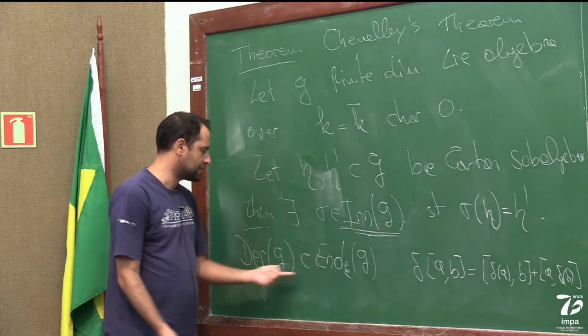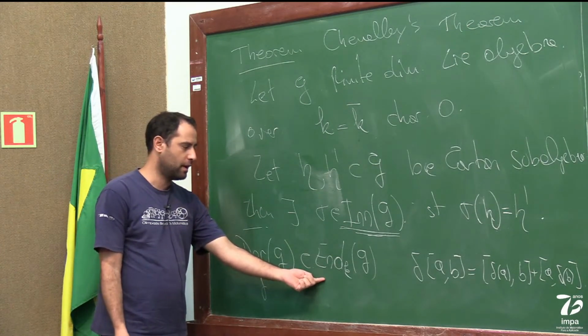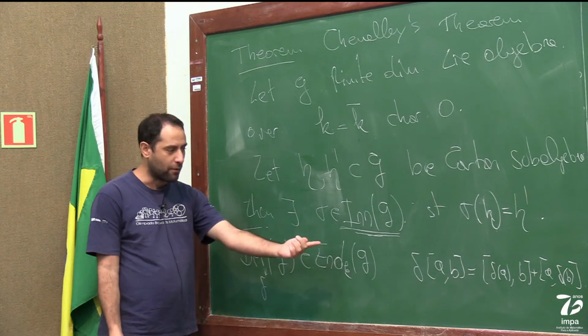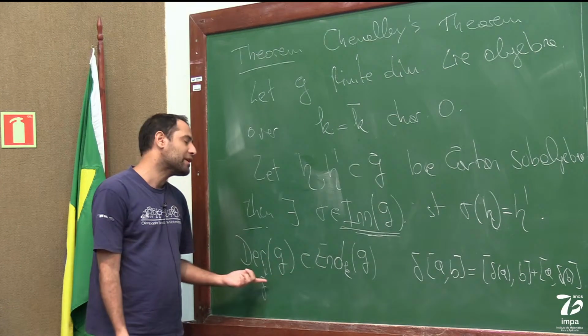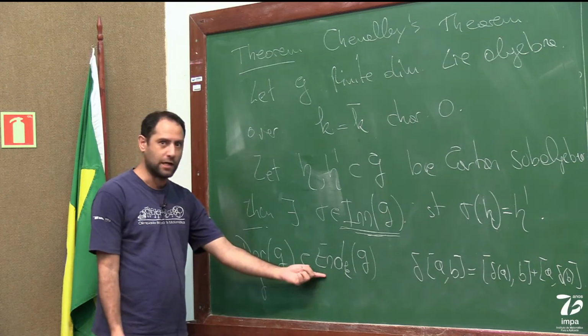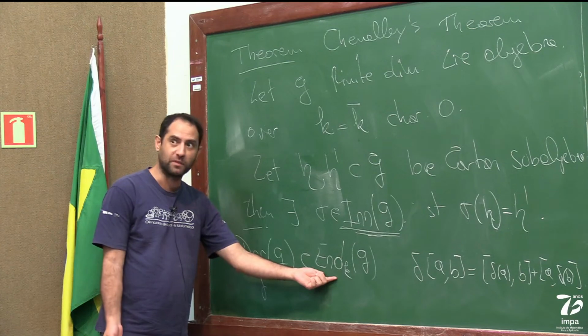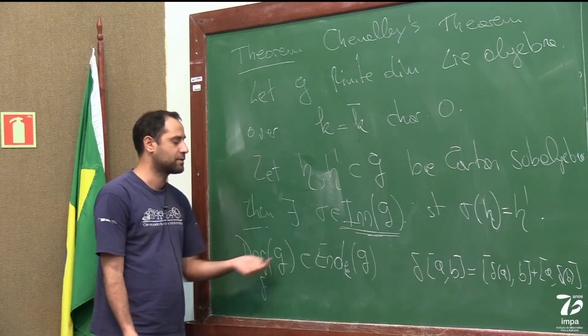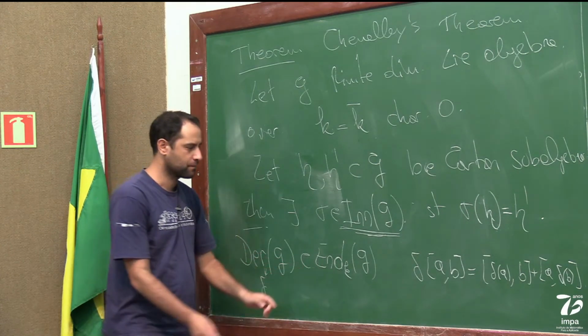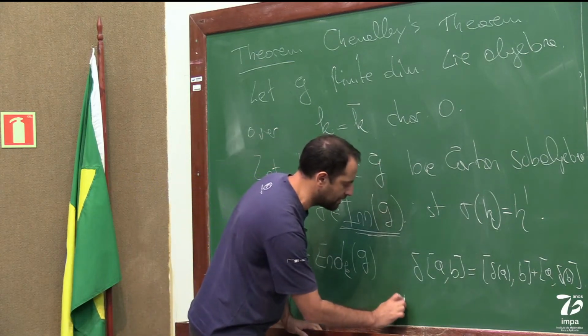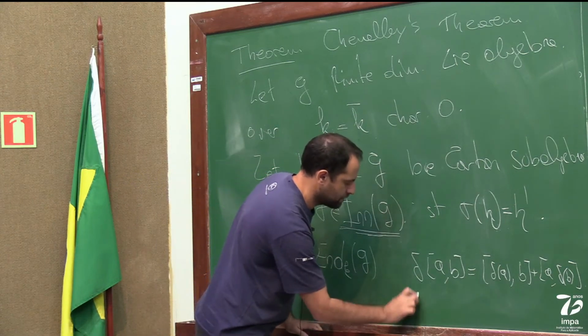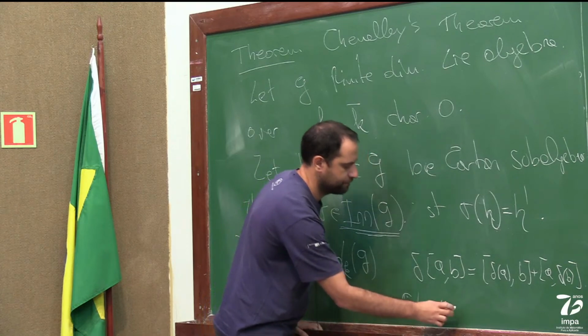It's easy to see that this is a subvector space, so the sum of two derivations is a derivation. What is not entirely trivial is that this is a sub-Lie algebra. So this is a Lie algebra with the usual commutator as a bracket, and this is a sub-Lie algebra of the endomorphisms. So, exercise: check that it's a sub-Lie algebra.